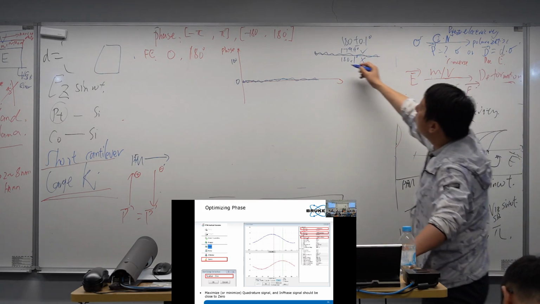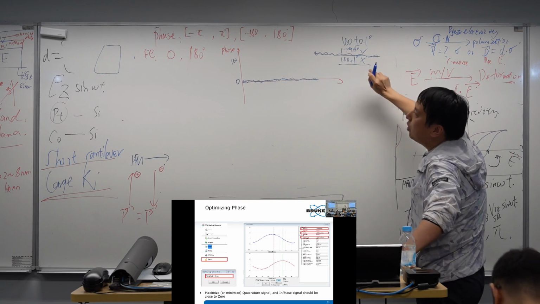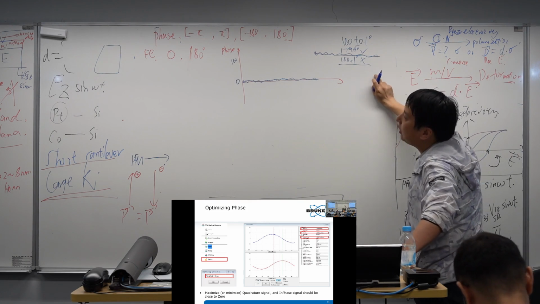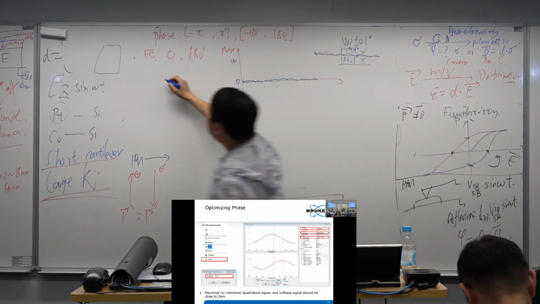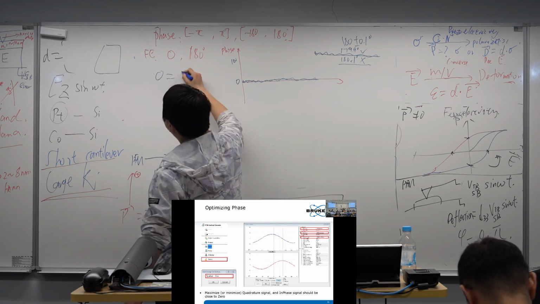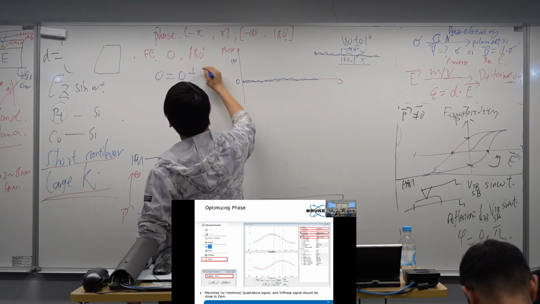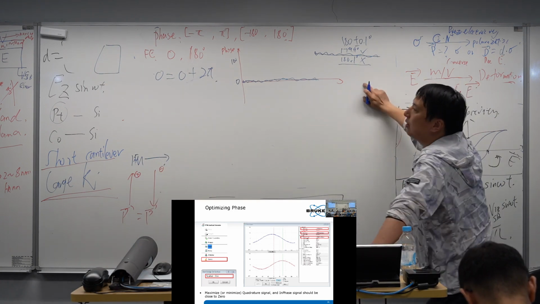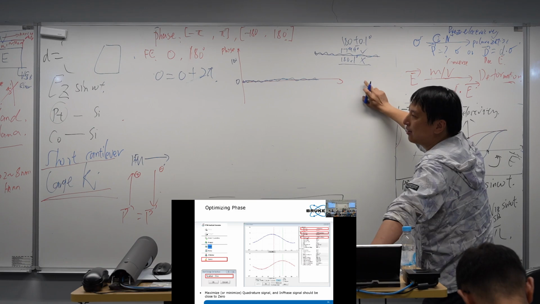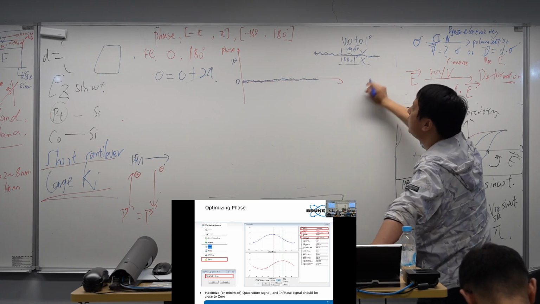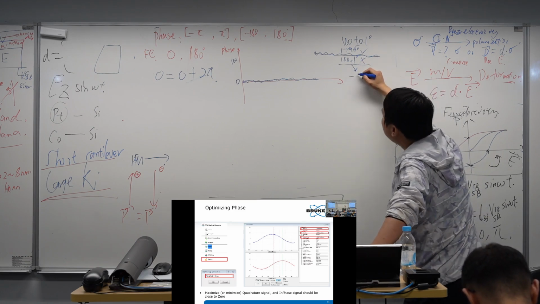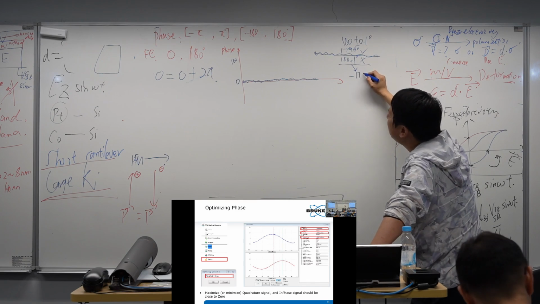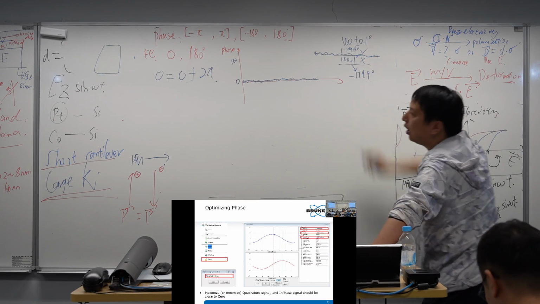So what happens is due to the property of phase, because phase means 0 equals 0 plus 2 pi. 180.1 does not exist. It will change to what? To negative 179.9 degrees.